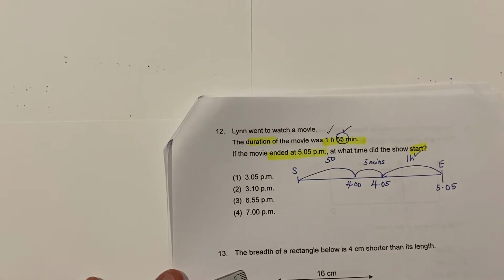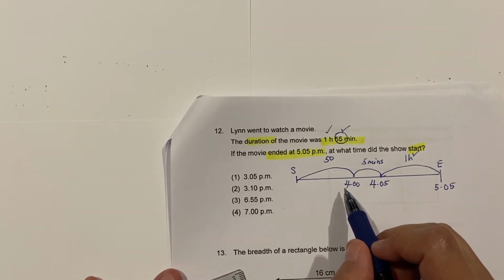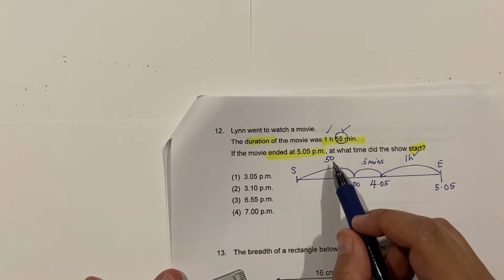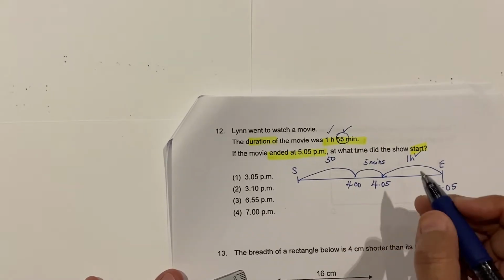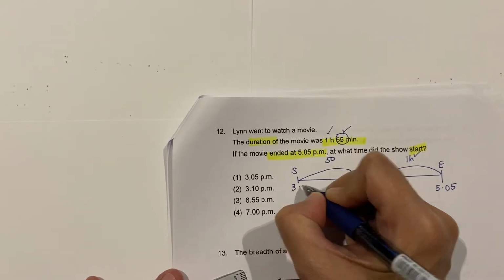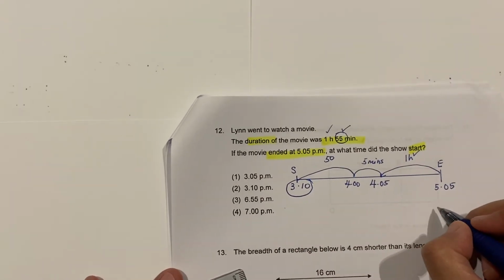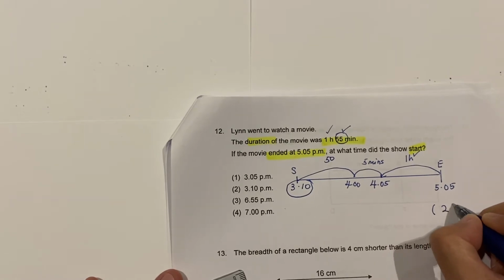So now what is 50 minutes before 4 o'clock? It will be 3:10. So your answer is, the start time is 3:10 p.m. Your answer is number 2.